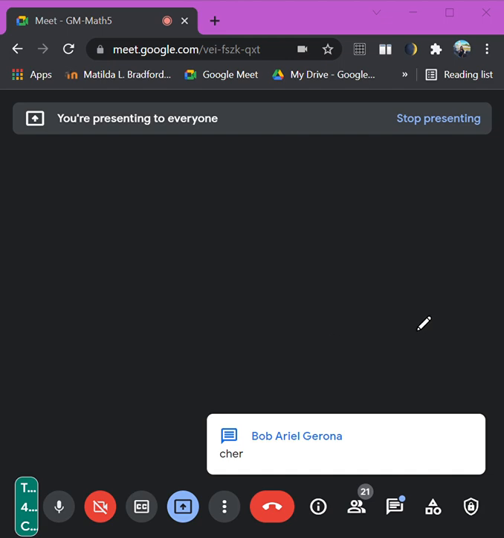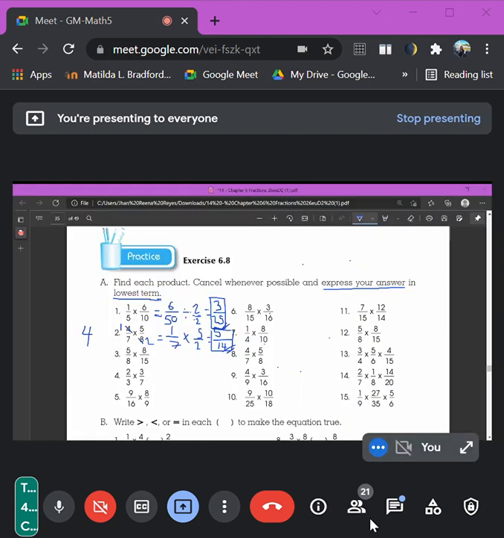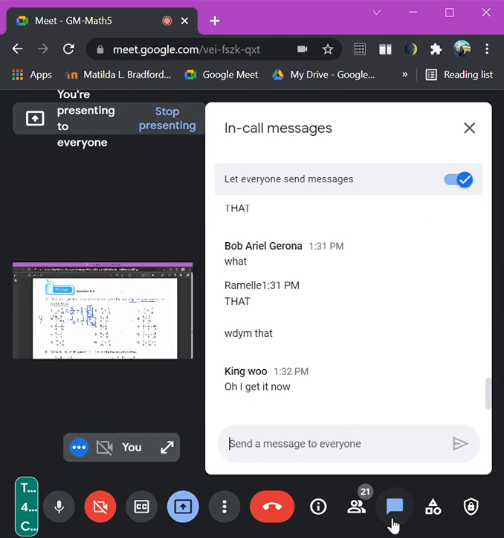Since nakacancel naman ka, pwede na kang mag-multiply. So, 1 times 5, that is 5, over 7 times 2, that is 14. So now that is your final answer. Nasabtan na? Yes, teacher. Okay, very good.